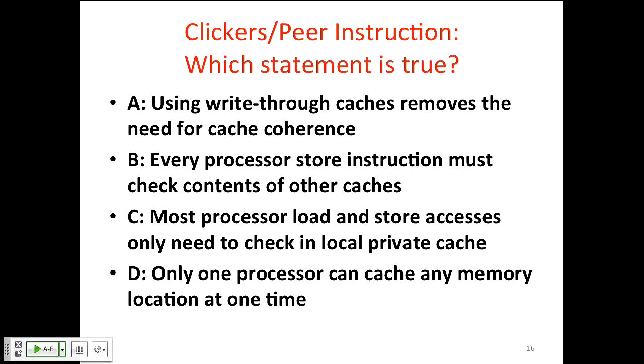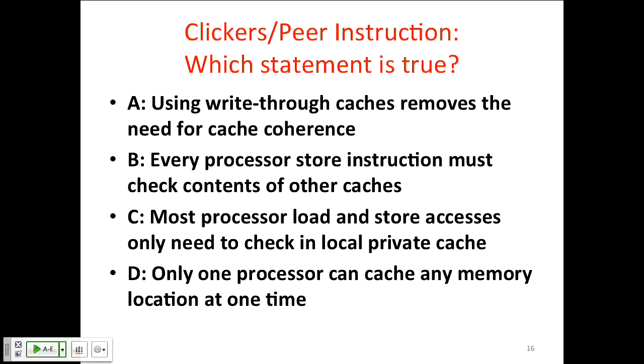Every processor store instruction must check contents of other caches. Well, if it's in your cache and it's dirty, if you've already done a store and brought it into your cache and you modified it, when you do another store to that same line, you know that nobody else has that line. Because they could only have that line if they had a copy of it, and that must be a clean copy.